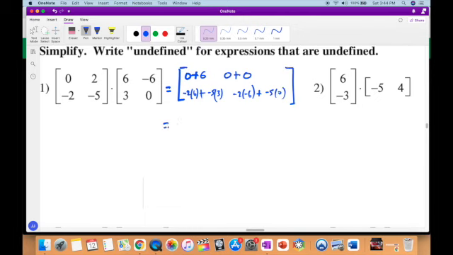So what do we get here for the answer? We get 0 plus 6 is 6, 0 plus 0 is 0. We have here 6, negative 2 times 6 is negative 12, right? Plus 5 threes is negative 15.